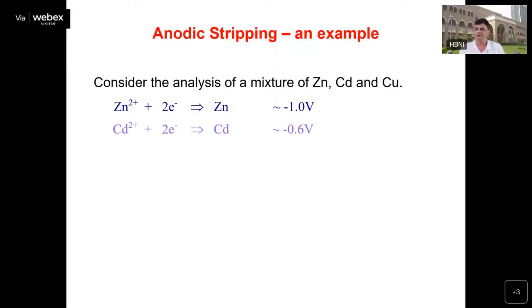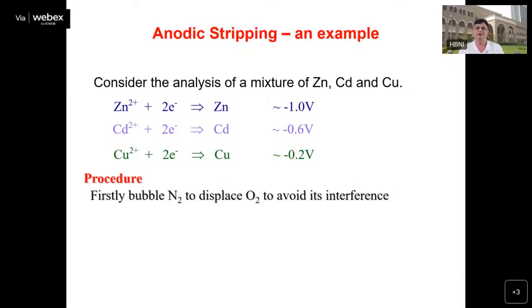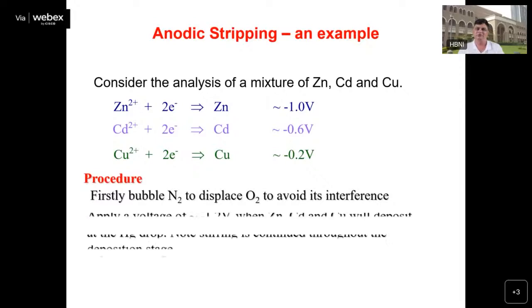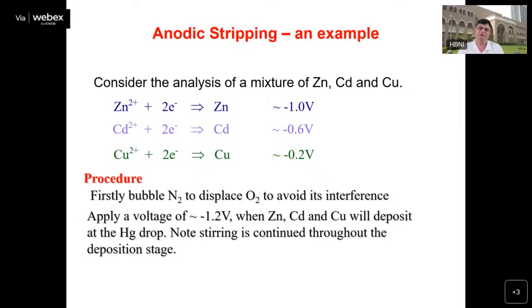The standard reduction potentials are about minus 1 volt for zinc, minus 0.6 volt for cadmium, and minus 0.2 volts for copper. Now, suppose we have a mixture of all of these, how do we go about the analysis? These are the procedures. Firstly, whatever the sample is, you bubble nitrogen through it to displace all the oxygen.